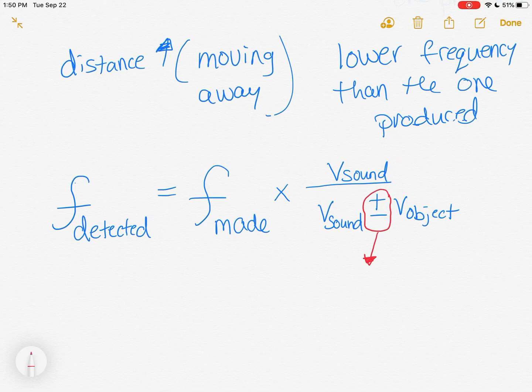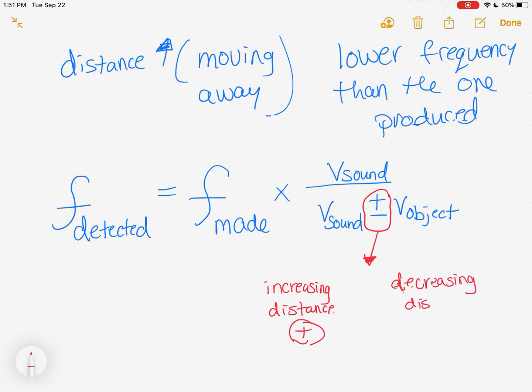If you have an increasing distance, that is where you are going to use a positive sign. And if you have a decreasing distance, then that's where you're going to use a negative sign. So depending on the situation, that's where you choose whether you're using a positive sign or a negative sign.